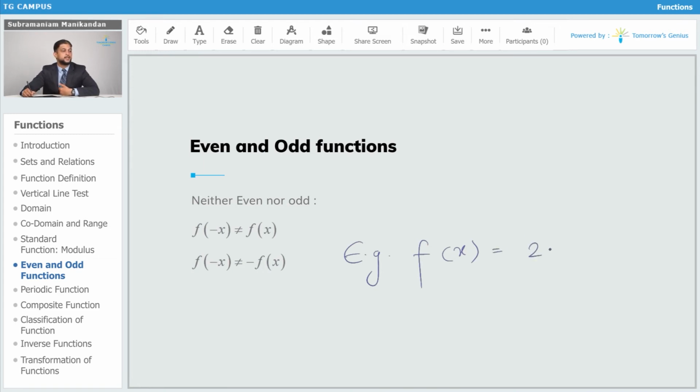For example, if I write 2x plus 1, here f of minus x equals minus 2x plus 1. And this is neither equal to 2x plus 1 nor is it equal to minus of 2x plus 1. Therefore, f of x equals 2x plus 1 is an example of a function which is neither even nor odd.